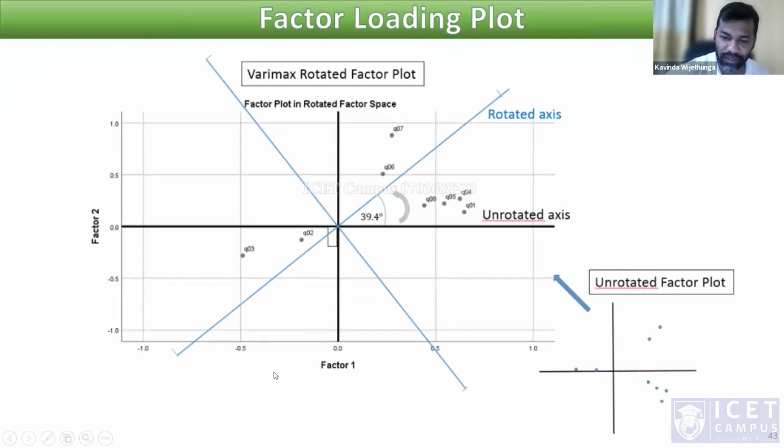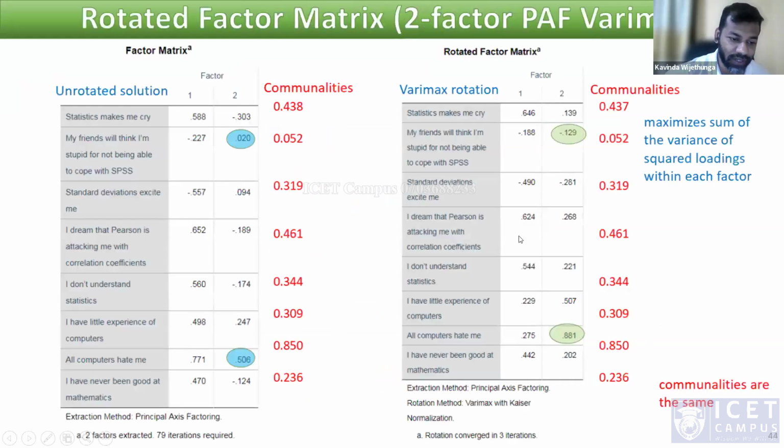Then this is the rotated factor matrix, in here 0.46. Likewise, it's given that the rotation converged in 3 iterations. 2 factors extracted, 79 iterations required. Right? The communalities remain the same.